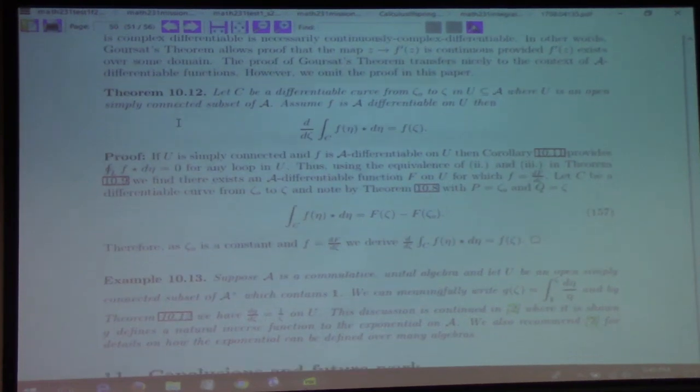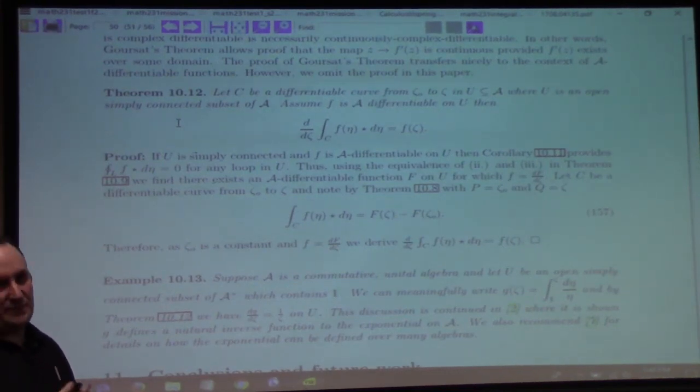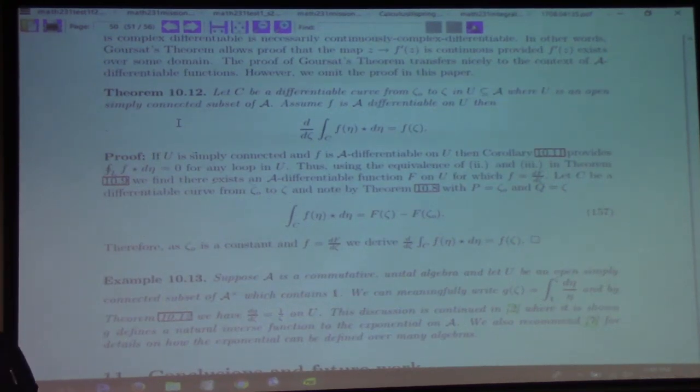If you differentiate this with respect to zeta, you get 1 over zeta, which shows the derivative of this function is the reciprocal function, which is what we want for the log. Among other things, we want it to be the inverse of the exponential, and you can prove that without assuming it.